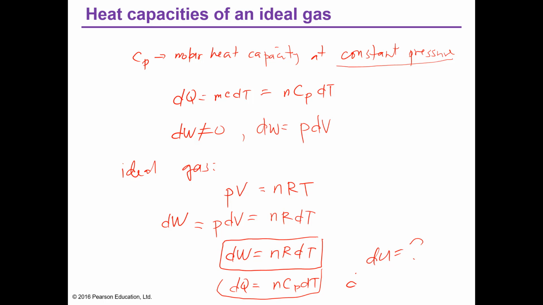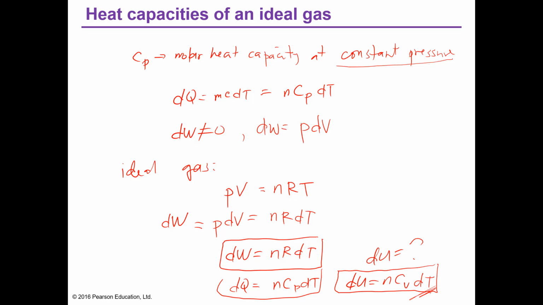So therefore, I can write dU as equal to nCv dT. We derived this in our last slide. Even if the process is not constant volume, the change of internal energy is dependent only on your temperature. Okay? So therefore, you can write dU as equal to nCv dT.